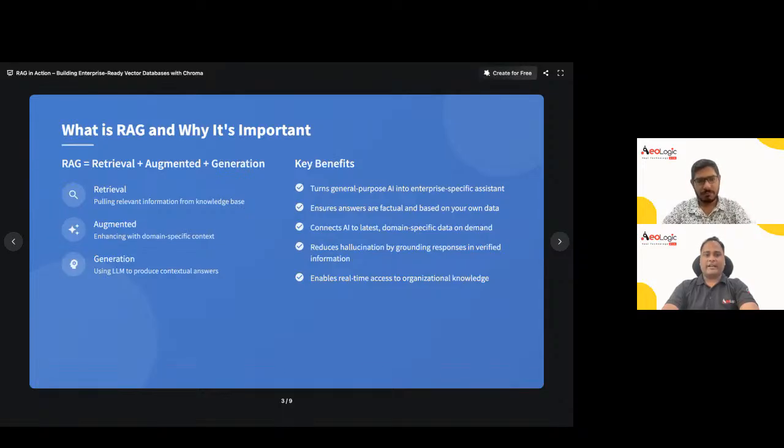So instead of relying only on what the AI model was trained on months or years ago, let it pull the latest domain-specific data on demand. In simple terms, RAG turns general-purpose AI into an enterprise-specific assistant. It also ensures every answer is not only fluent but also factual and based on your own data.